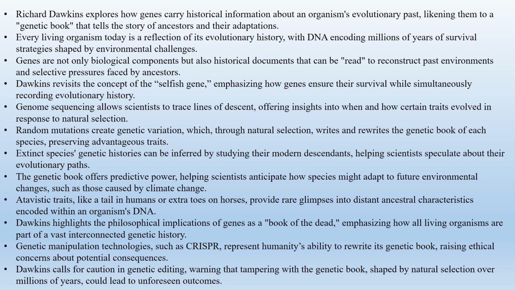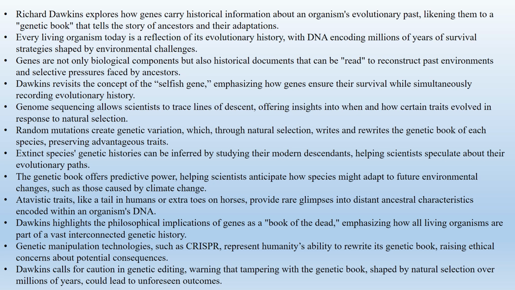Over time, this process produces finely tuned adaptations to the environment, and these adaptations are recorded in the organism's genes. This ongoing process, Dawkins argues, writes and rewrites the genetic book of each species, ensuring that it reflects the most up-to-date survival strategies.